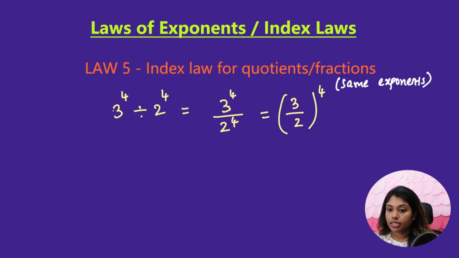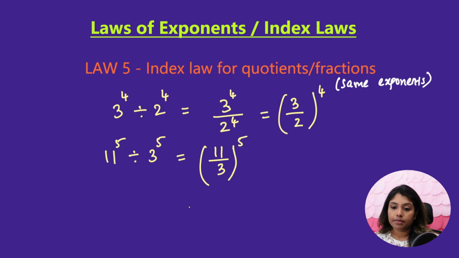So if we try the same with some other number, let's say 11 to the power 5 divided by 3 to the power 5, then this can be written as 11 over 3 raised to the common exponent, which is 5. That's it.